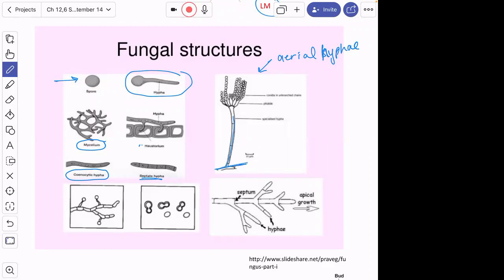And when it matures and when the conditions are right, maybe a big gust of wind blows here and releases those spores. Okay, so that's one strategy. It can be either asexual reproduction or sexual reproduction. Okay, so I think this is showing these aerial spores here coming off of a vegetative spore.